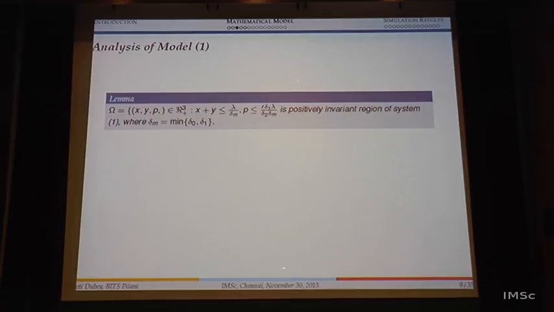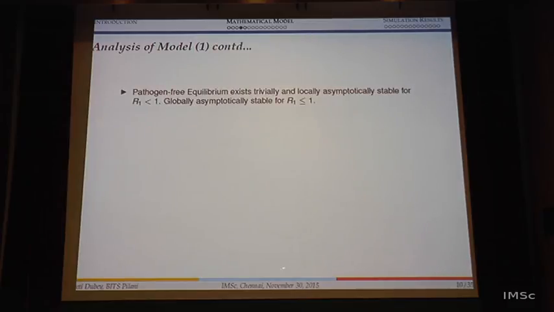We have shown that this model is well posed. I am not going into that, but we have considered the basic reproduction number, which is the number of newly infected cells produced by a single infected cell when all other cells are healthy. This reproduction number we have computed for this model, and further we have done stability analysis.